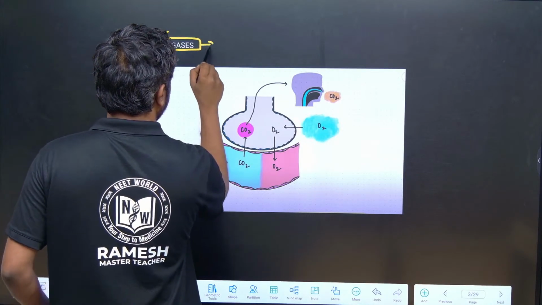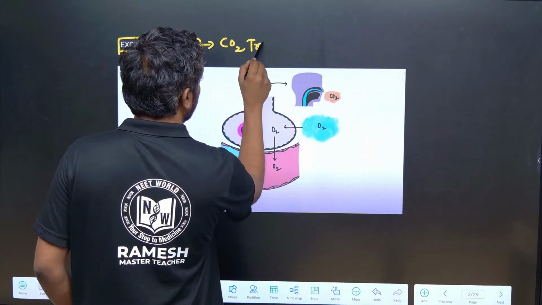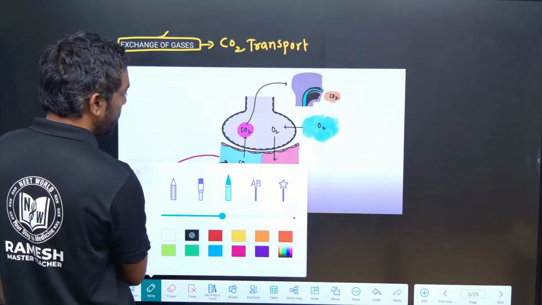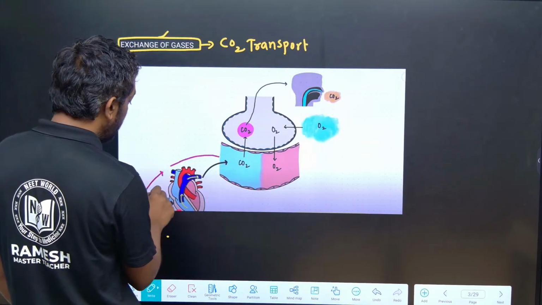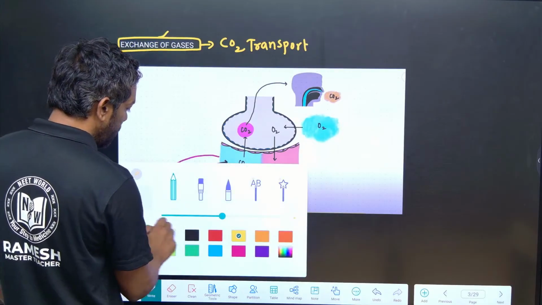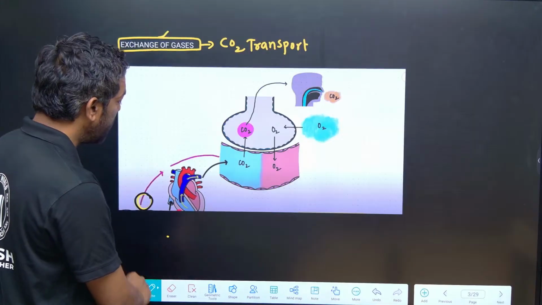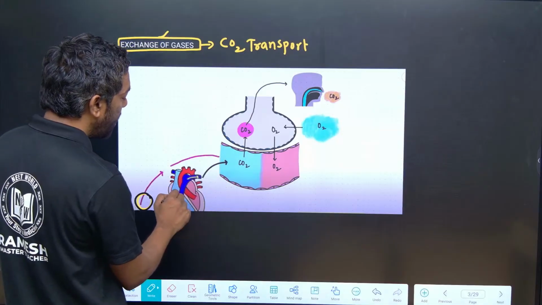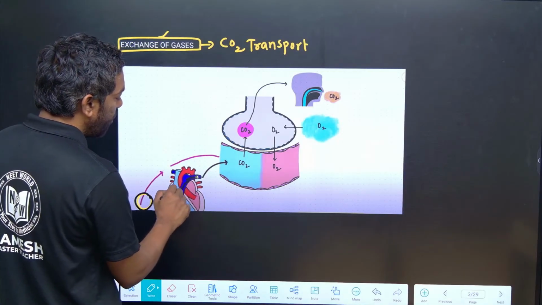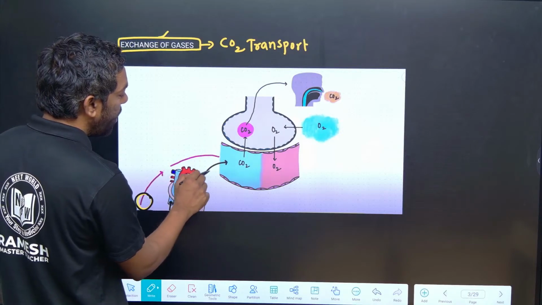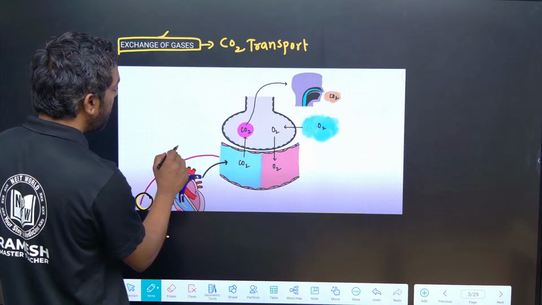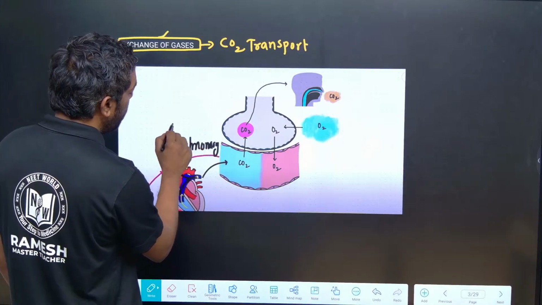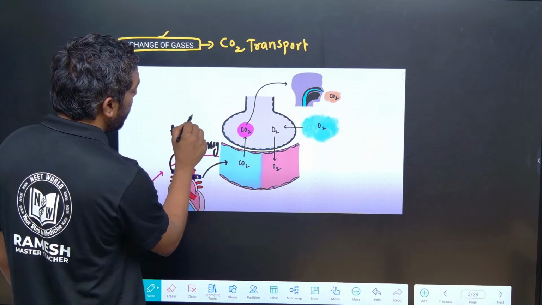In the exchange of gases, CO₂ transport means the CO₂ which starts to be produced in the tissue, from the veins, can enter into the heart from the vena cava, and from the pulmonary artery they enter into the lungs.